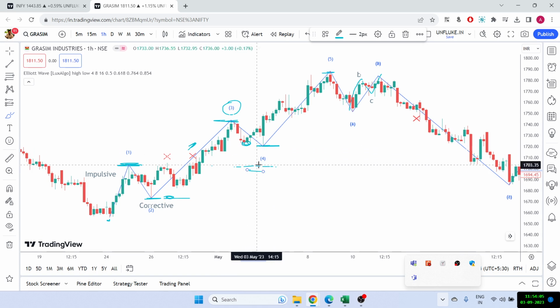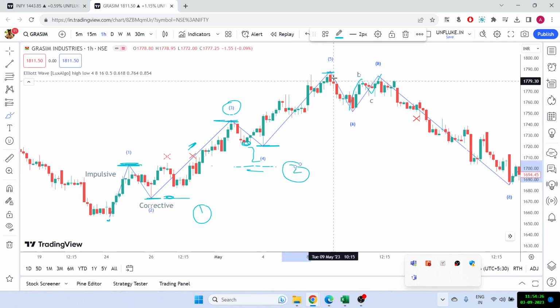Why? Because if it comes here anyway, the Elliott wave is not formed. So this becomes your stop loss. It's a pretty small stop loss of about 10 points only. And again, we can keep holding on to this trade because we know that at least it will break 3 and it should go up, right? So this can be your trade number 1. This can be your trade number 2 with the right stop loss, and you can take an exit somewhere here.